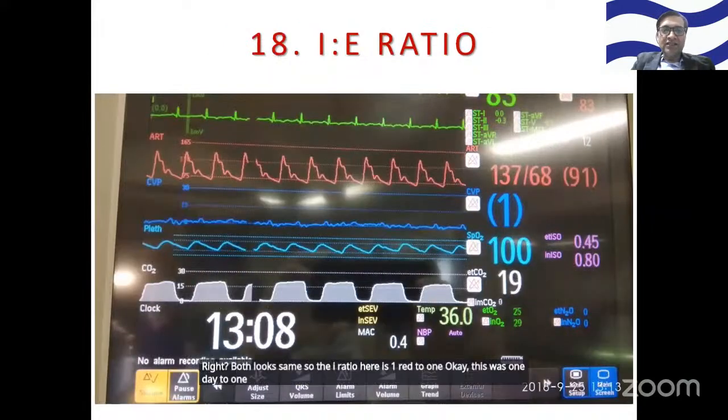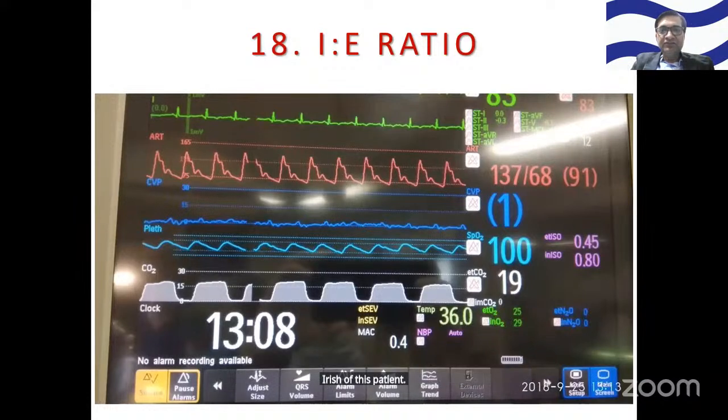Okay, I'll give you another chance. IE ratio of this patient. 1:3, 1:2.